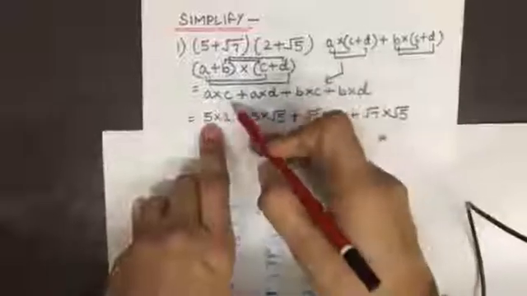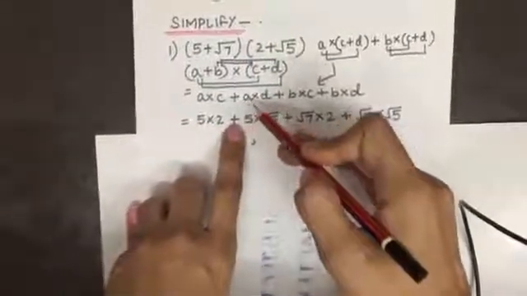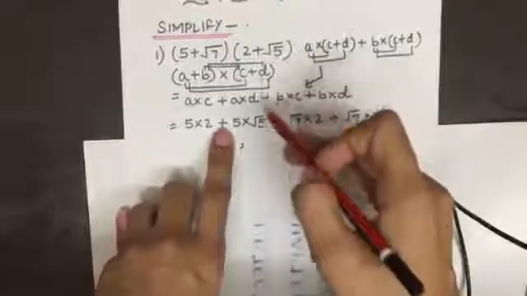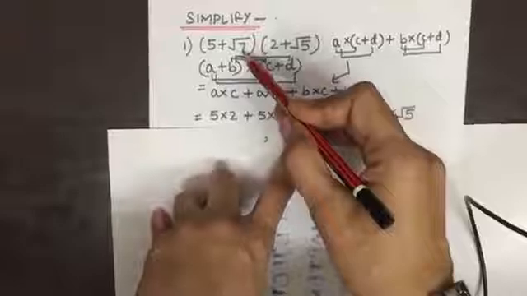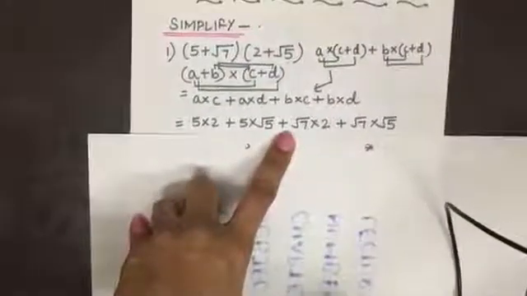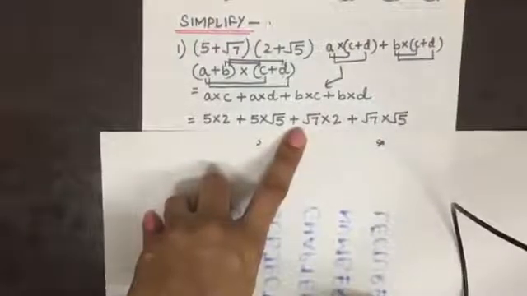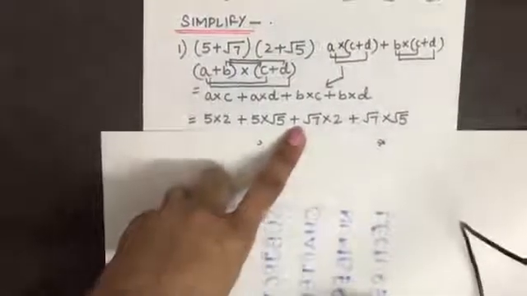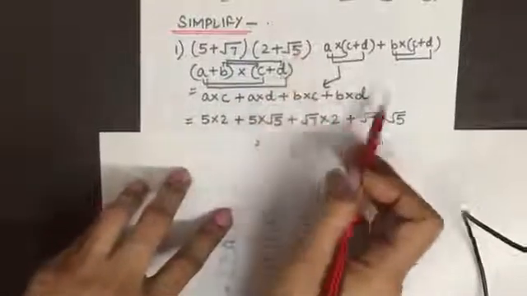So a into c, that means 5 into 2, plus a into d, that means 5 into root 5, plus b into c, that means root 7 into 2, and b into d, that means root 7 into root 5.